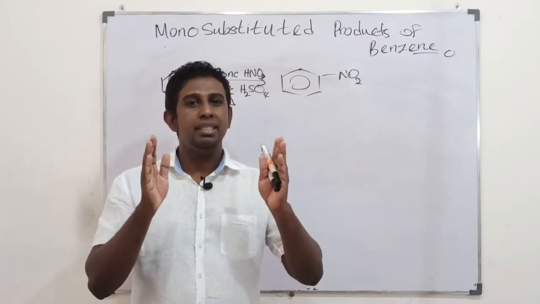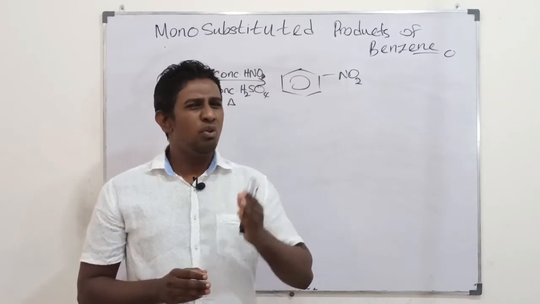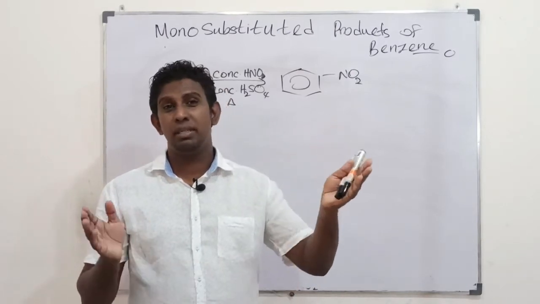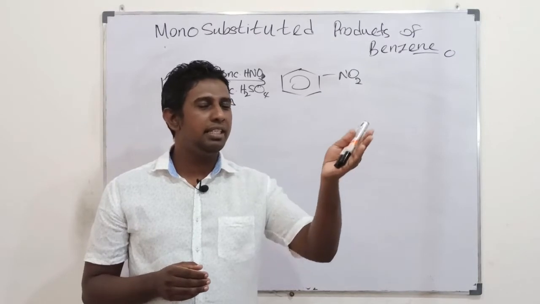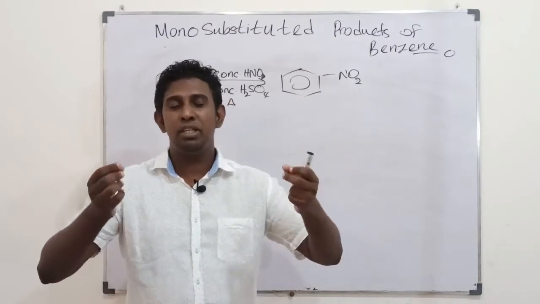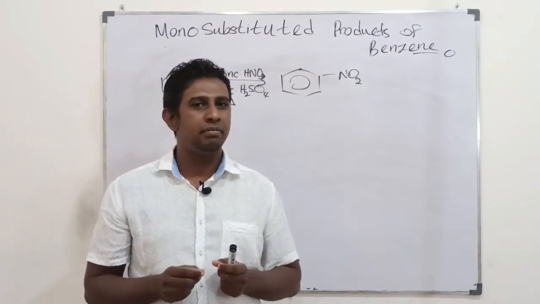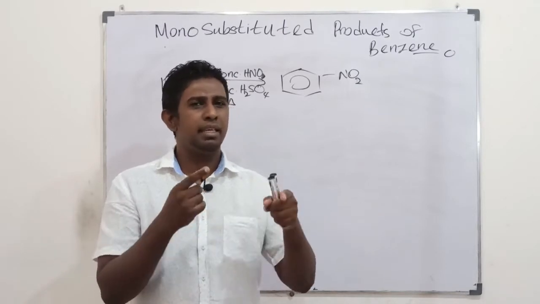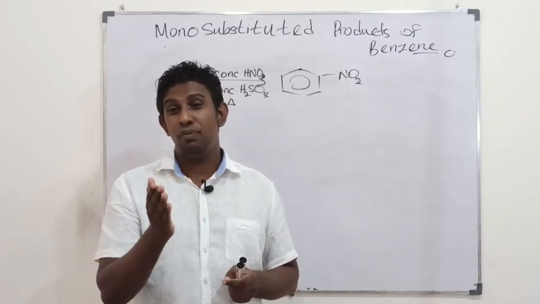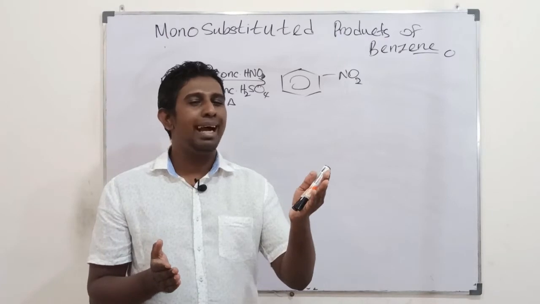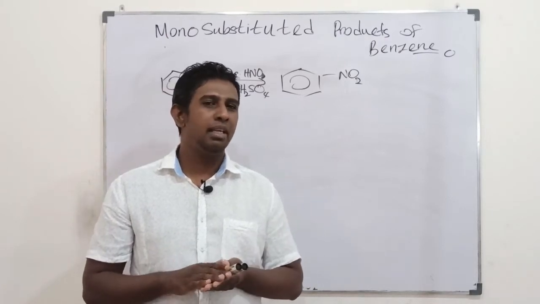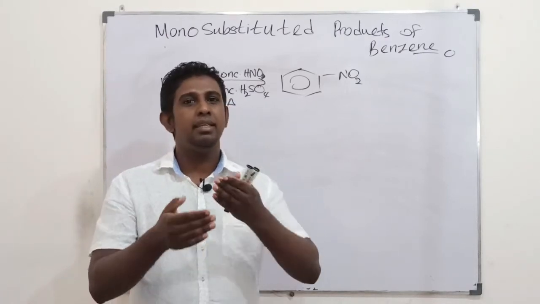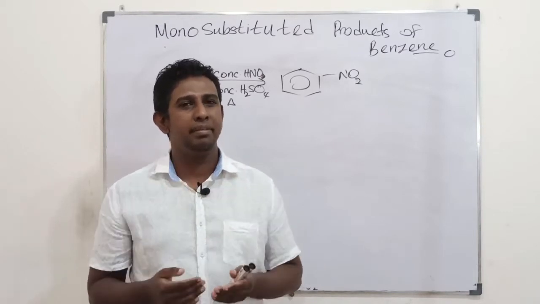Students, this nitration reaction follows 3 steps we talked about. One was the formation of NO2 plus cation, the nitronium cation. The second step was the attack of the formed nitronium ion on the benzene ring. The third was the re-aromatization of the benzene ring.